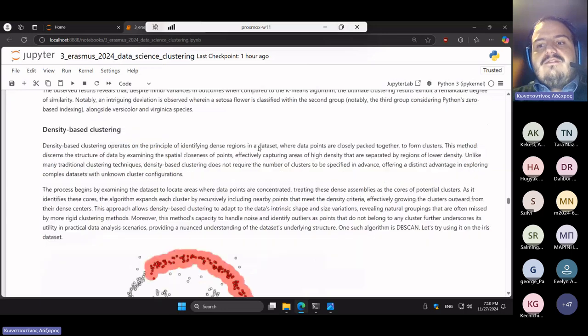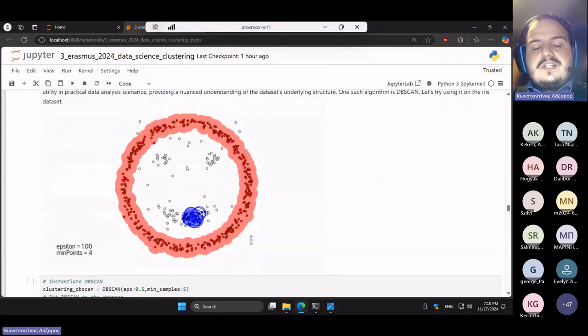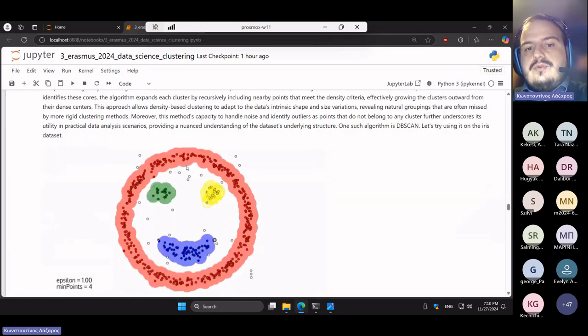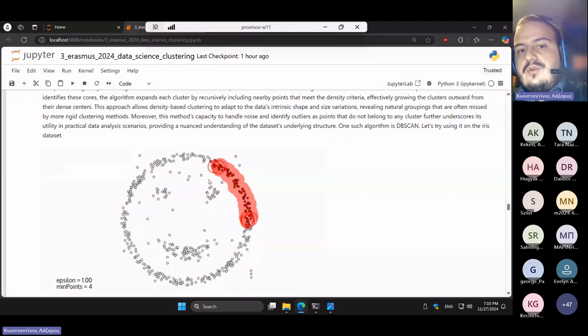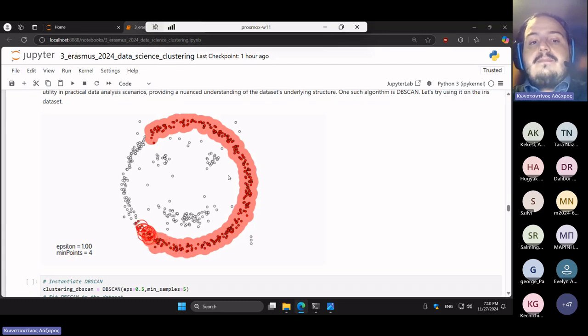So the final algorithm that we have is DBSCAN, density-based clustering. This is the most complex of the clustering algorithms that we have. The first difference between this and something like k-means or hierarchical clustering is that this one does not have a k-parameter.